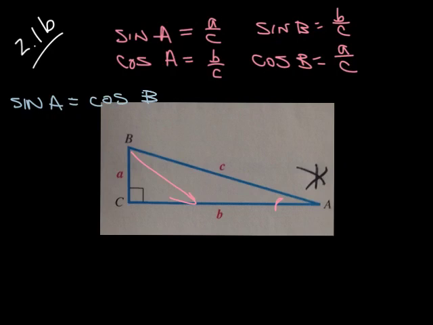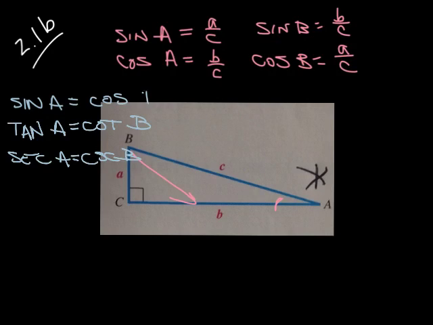Tangent of A equals the cotangent of B, and vice versa, and the secant of A equals the cosecant of B.